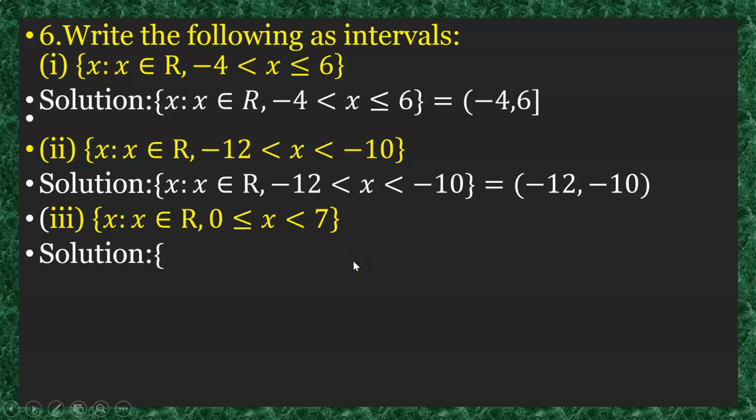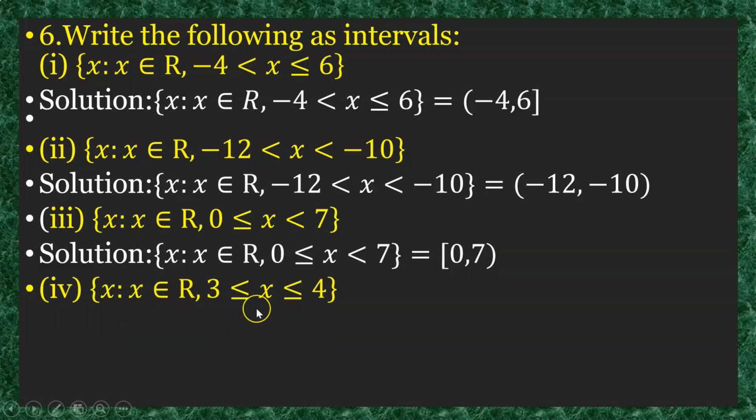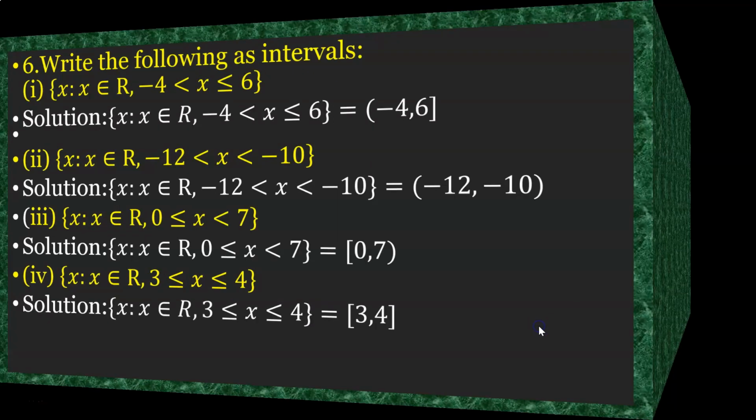And here the solution: x is such that x belongs to the set of real numbers, 0 is closed and 7 is open. Next, x lies between 3 and 4, equal to 3 and equal to 4 also. Therefore, it's a closed interval 3, 4.